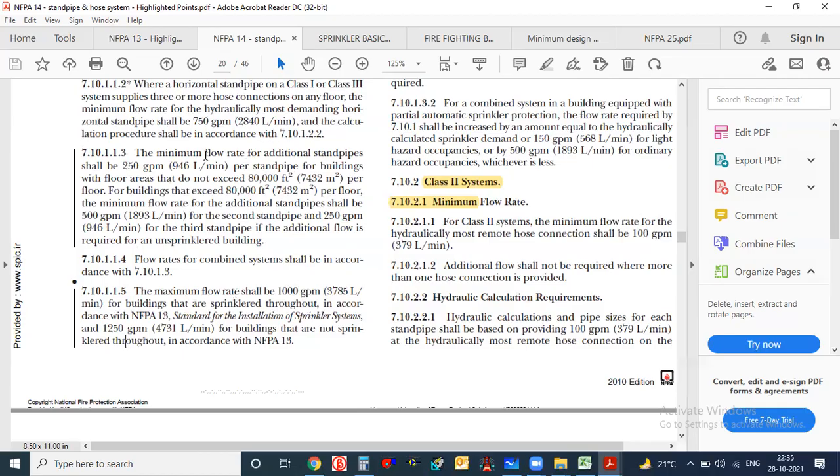So why am I taking this much time with this particular book? Because everything is written here. If you understand this, you will find it very easy to do the hydraulic calculation or Allied software calculation, because everything is written here in NFPA 13 and NFPA 14.